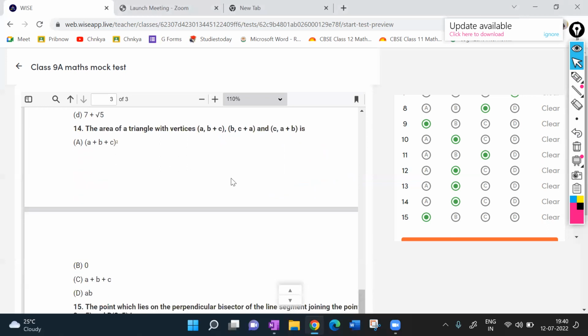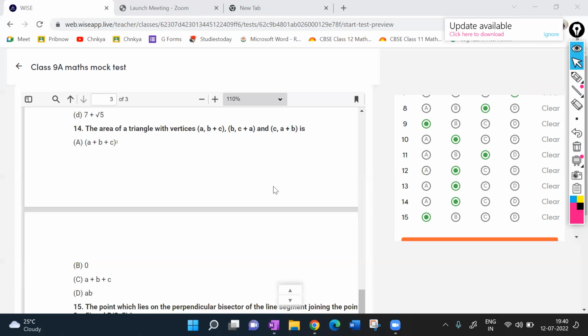The area of a triangle with the vertices. Half into x1 into y2 minus y3, plus x2 into y3 minus y1, plus x3 into y1 minus y2. Similarly, a similar formula you can use in the last question as well.